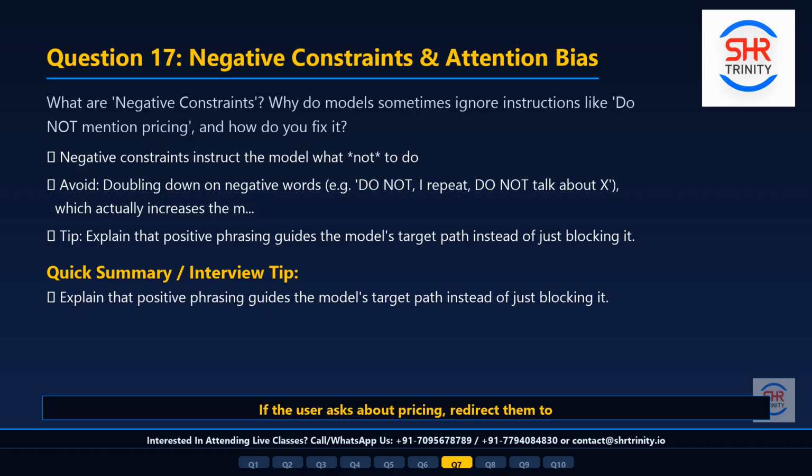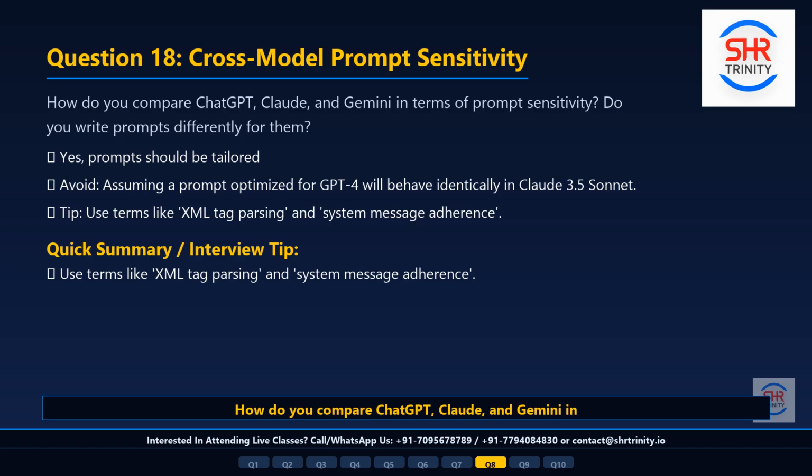Question 18. How do you compare ChatGPT, Claude, and Gemini in terms of prompt sensitivity? Do you write prompts differently for them? Yes, prompts should be tailored. GPT models, ChatGPT, are highly receptive to direct markdown headings, structured lists, and explicit system instructions.